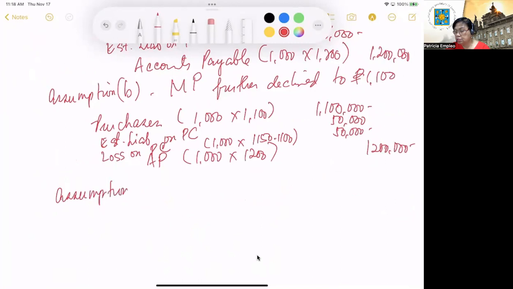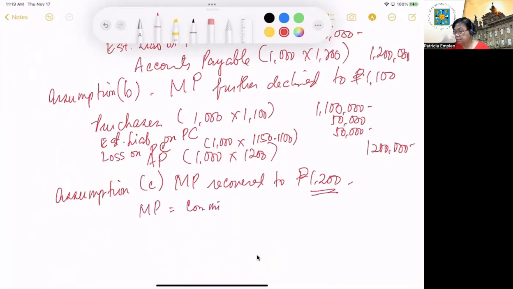Then assumption C. Market price recovered to what? 1,200,000. Okay, 1,200,000 is actually the committed price. So in this case, market price is equal to the committed price.